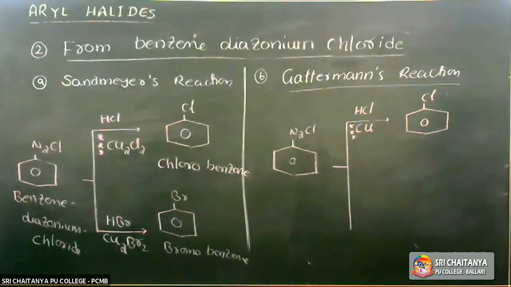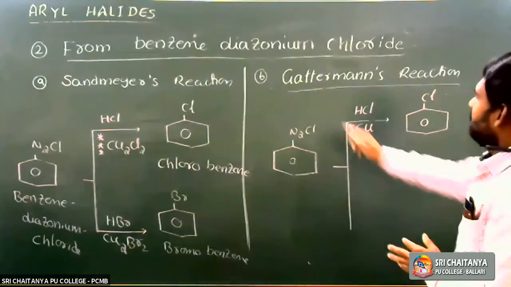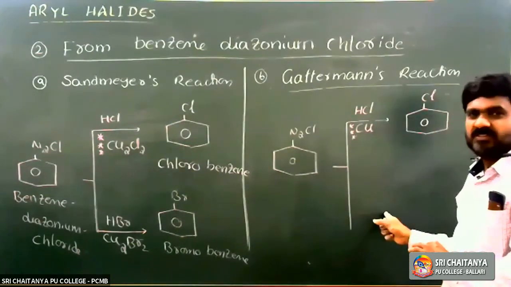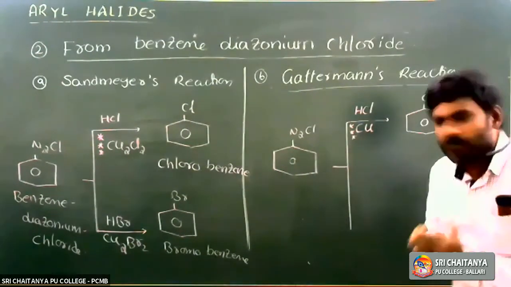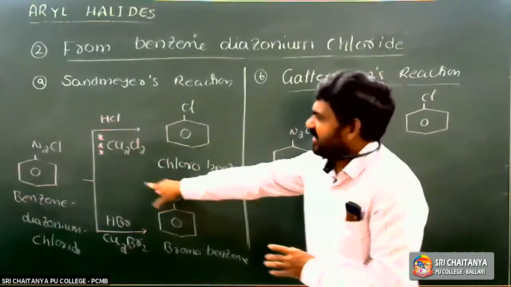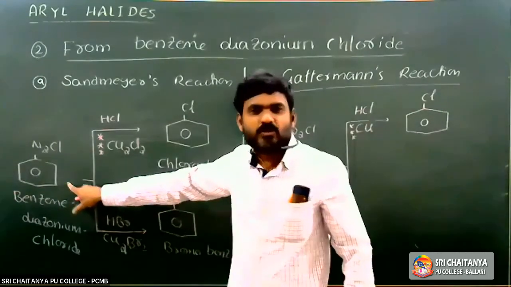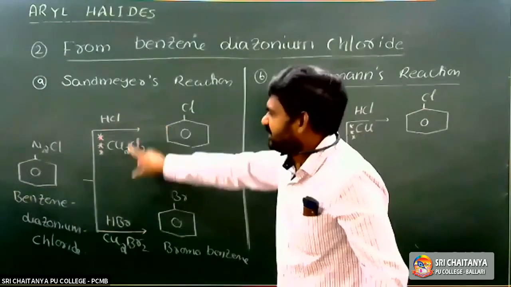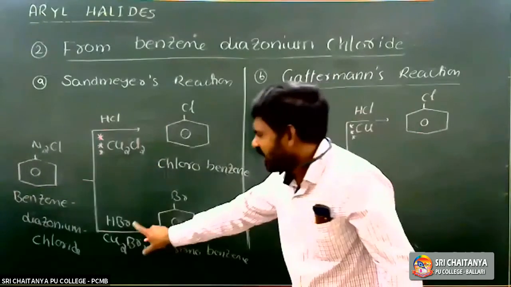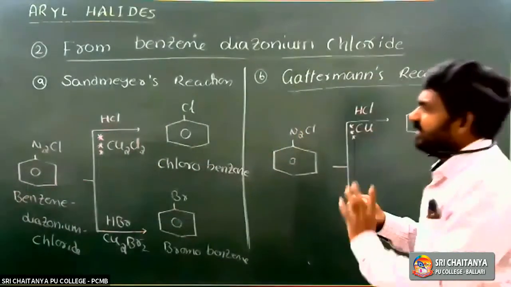So what is the difference between Sandmeyer reaction and Gattermann reaction? In both reactions, we can prepare haloarenes. What is the starting compound? The reaction starts from benzene diazonium chloride. Benzene diazonium chloride reacts with HCl in presence of Cu2Cl2, or HBr in presence of Cu2Br2, and chlorobenzene or bromobenzene is obtained.